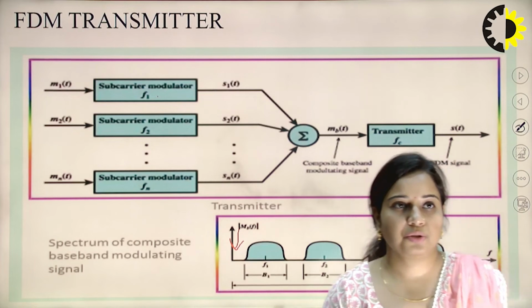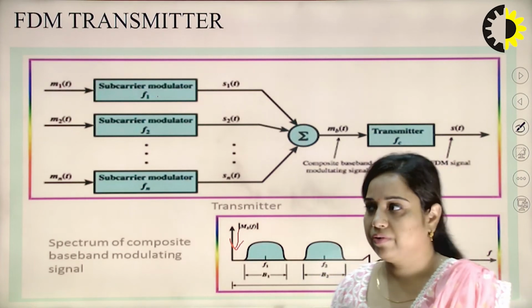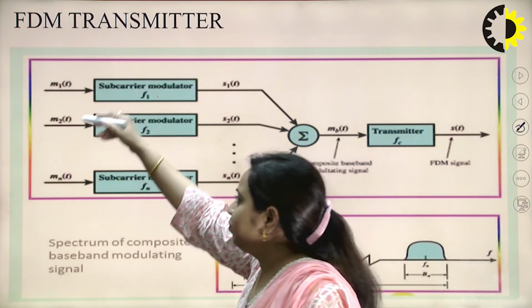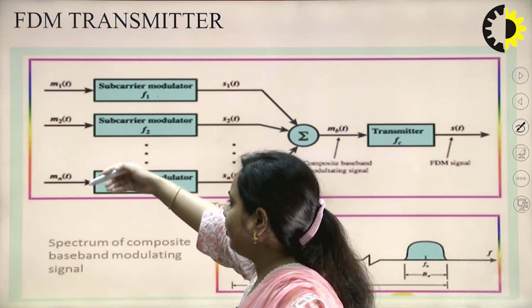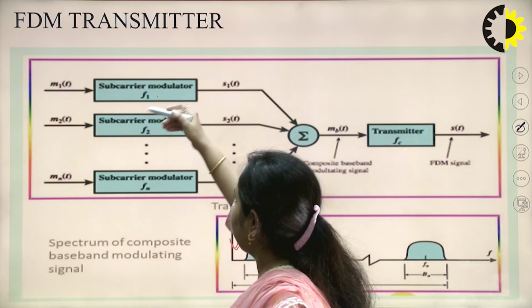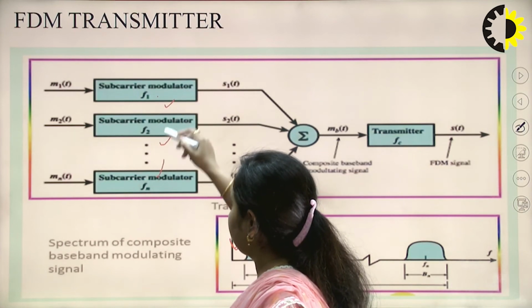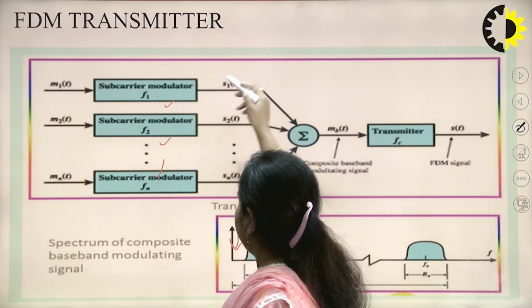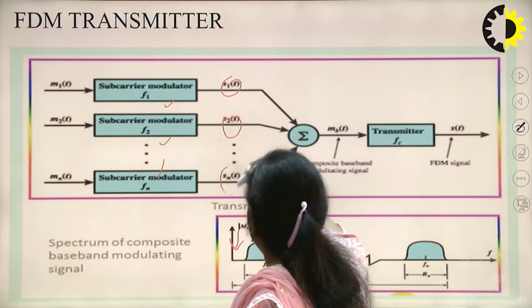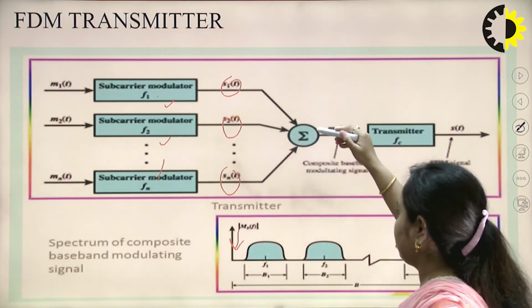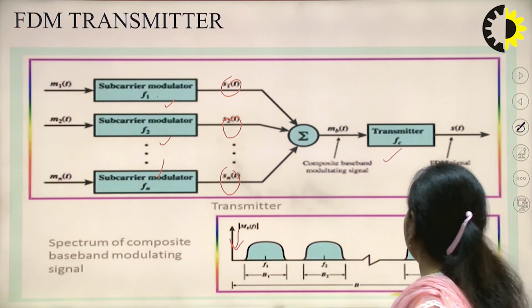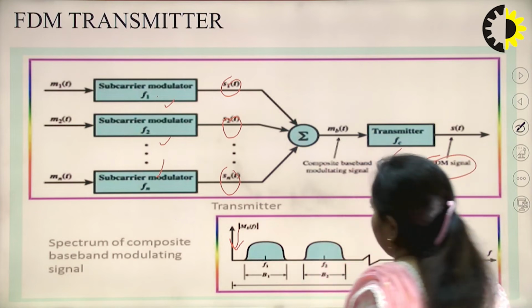Now next it is showing the FDM transmitter and receiver diagram. You can see over here that there are n number of message signals or n number of users. Each has its own subcarrier frequency centered at F1, F2 up to Fn. These are multiplexed or summed together, and then we have a transmitter and an FM signal will be generated.